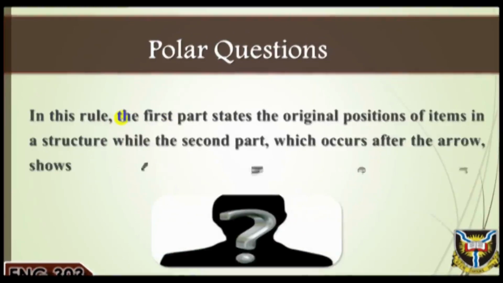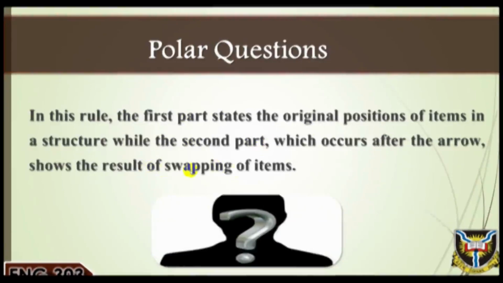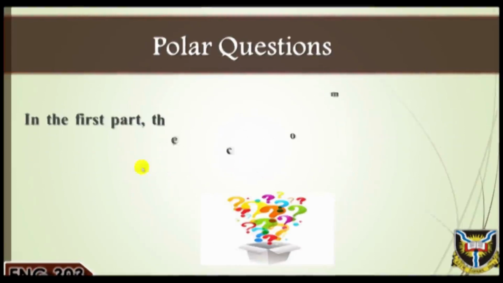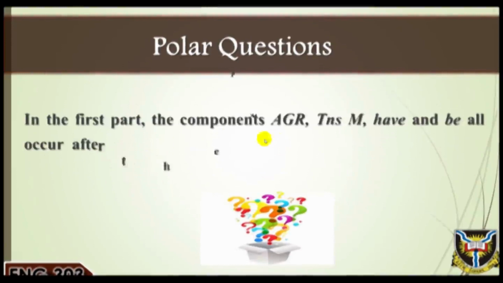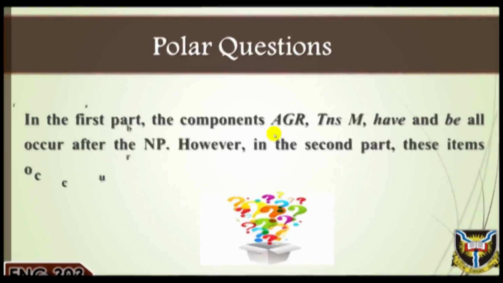In this rule, the first part states the original position of items in a structure, while the second part, which occurs after the arrow, shows the result of swapping of items. In the first part, the components AGR, TNS, M, AV, and BE all occur after the NP.